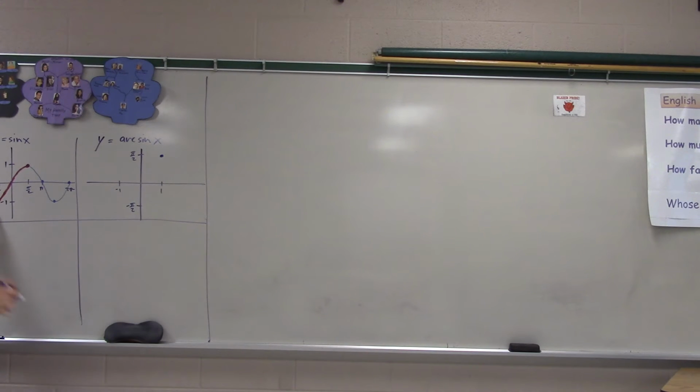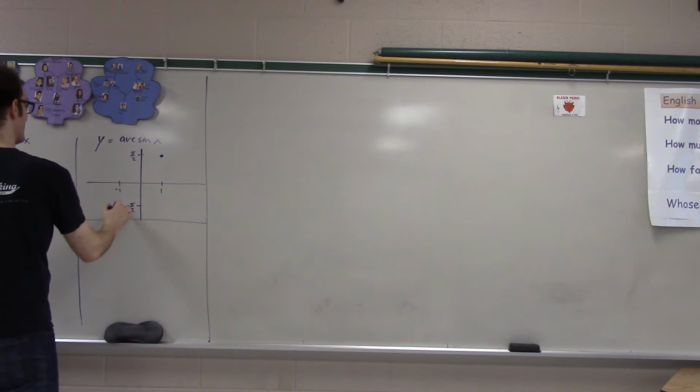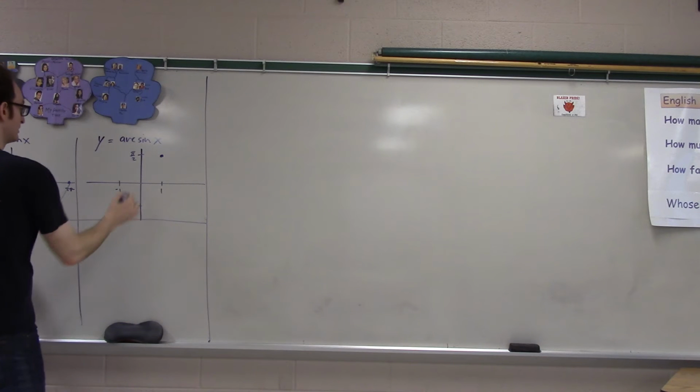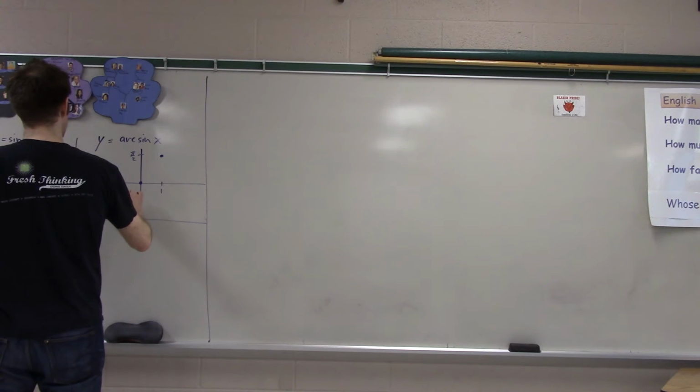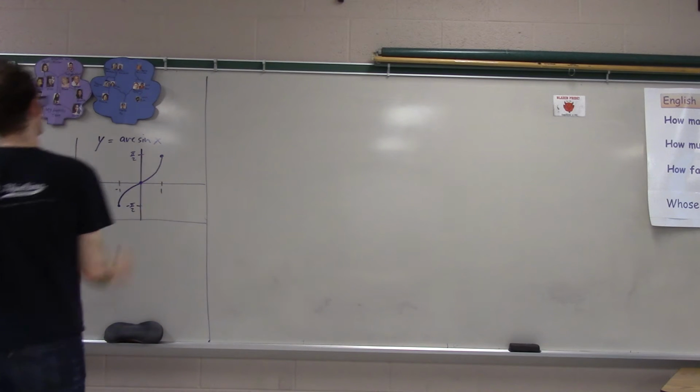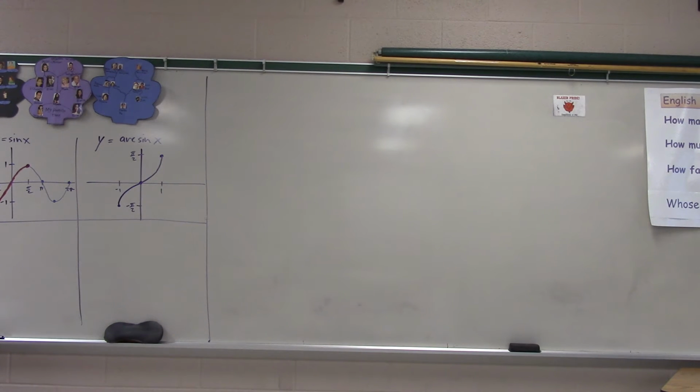At negative pi over 2 is negative 1, so I have a point negative 1, negative pi over 2. At 0 we have 0. And then the curvature is going to be opposite. All right, that is how you rederive everything there is to know about the arcsine function. It looks like that. I feel like we're good to go.